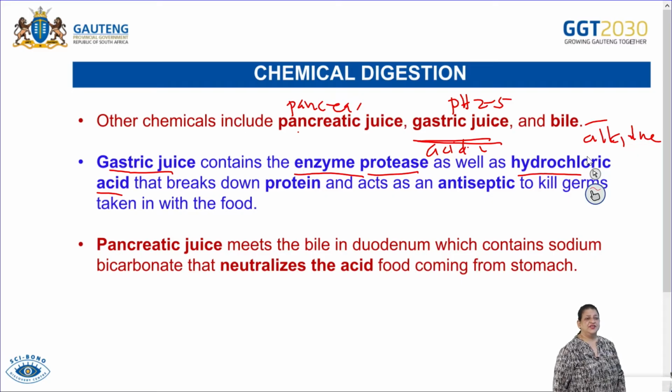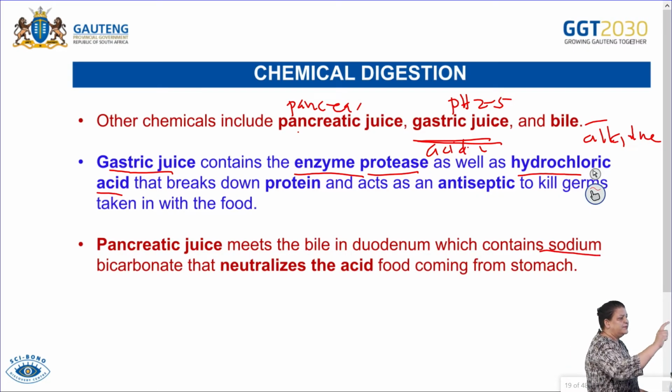Then you have your pancreatic juice again. We said it goes into the duodenum. And what makes something alkali? It's called sodium bicarbonate. Learners, that's very important. Bile juice, pancreatic juice, and intestinal juice contain what we call sodium bicarbonate.